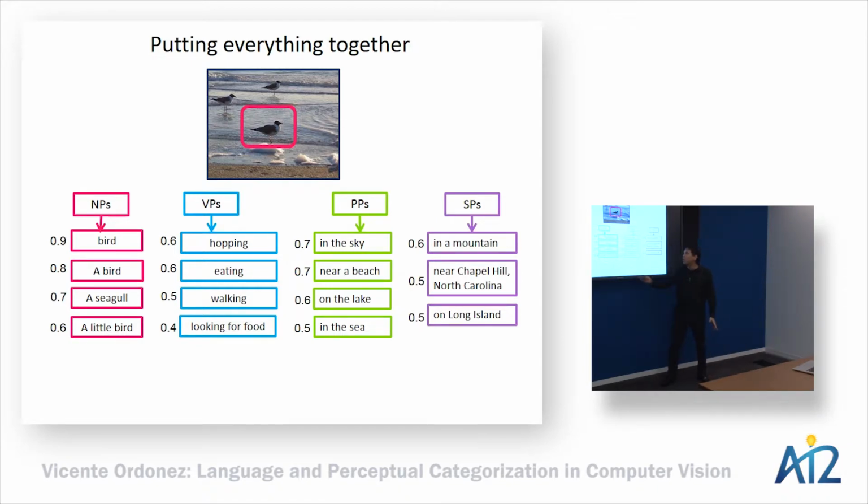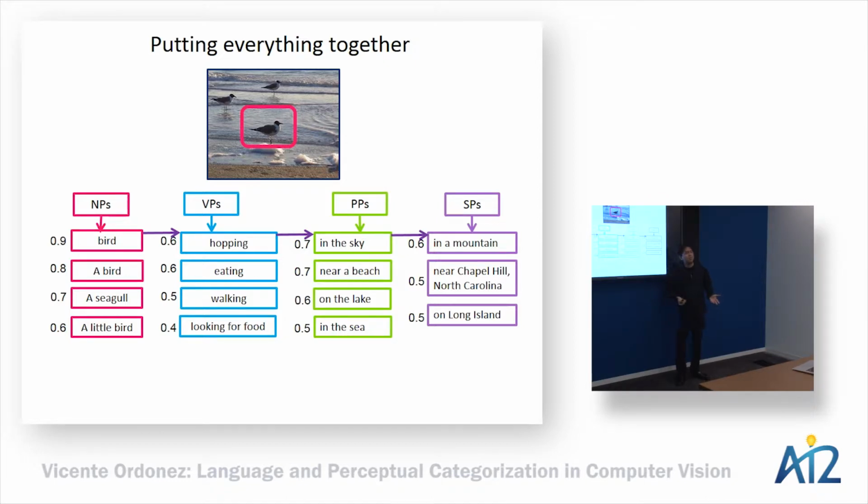And now we also have scores, which are the similarity between this query object and the object from which we retrieved this piece of text. So these are computer vision scores, if you will. One idea to generate a new description would be to just pick the best of each type and construct a new sentence, like bird hopping in the sky in a mountain.